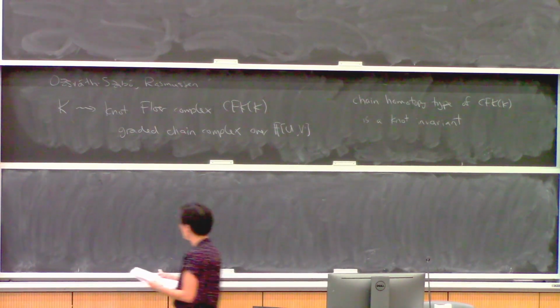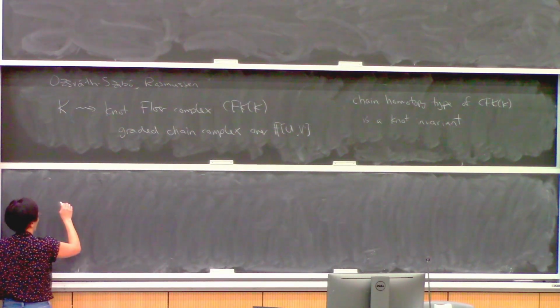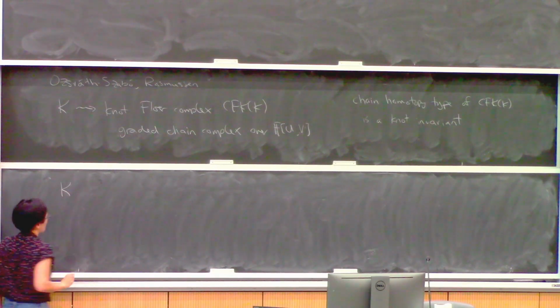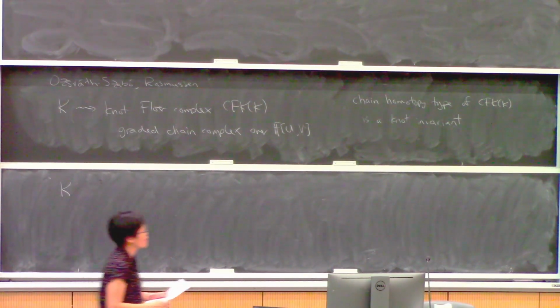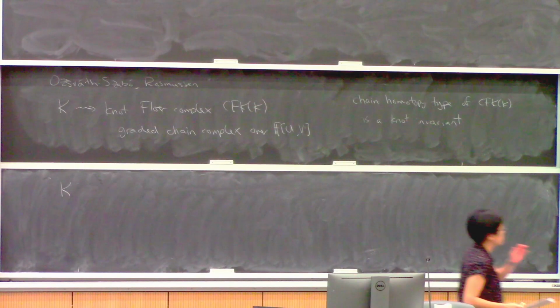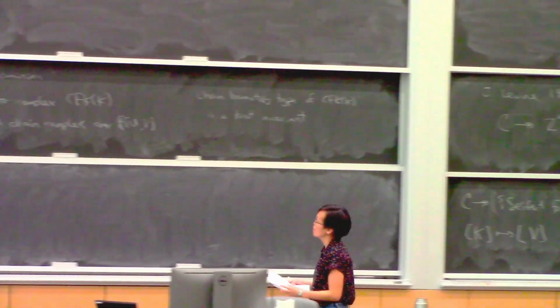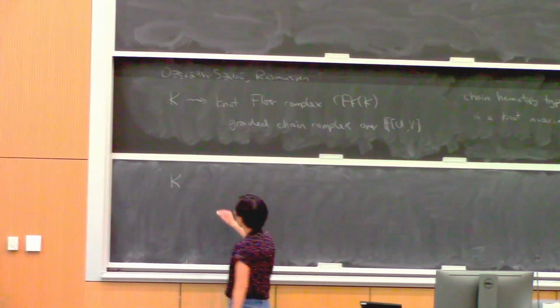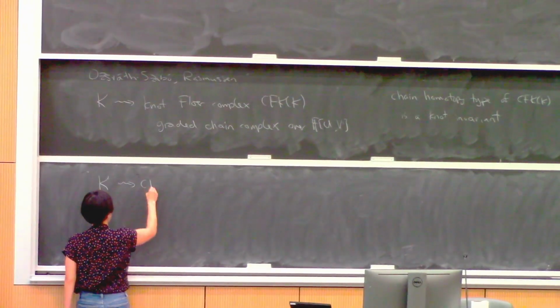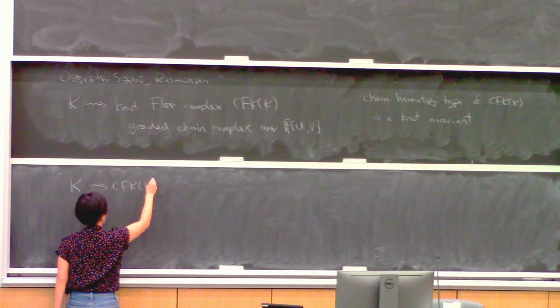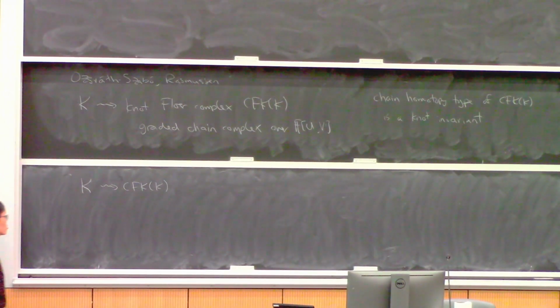So what do I mean by that? We're going to play a game a lot like the game that we played over here. So to a knot K, we get some algebraic gadget. It's a vector space with some extra structure.